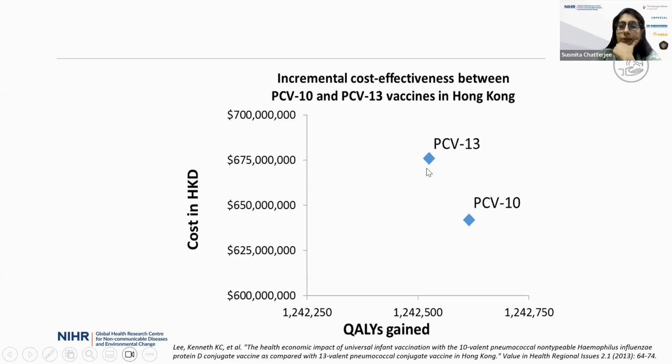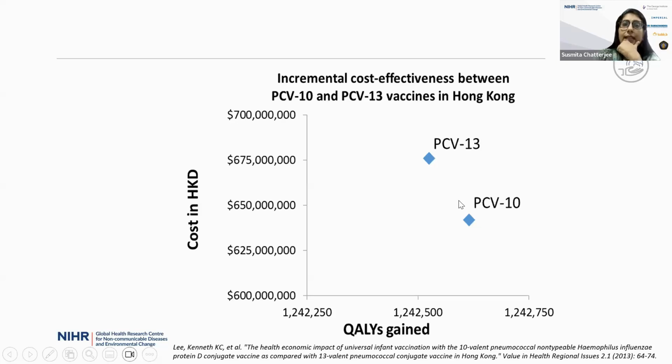Now, you have two options. This is the cost item on the vertical axis, and on the horizontal is QALY. So you have cost per QALY here for PCV13 and PCV10.